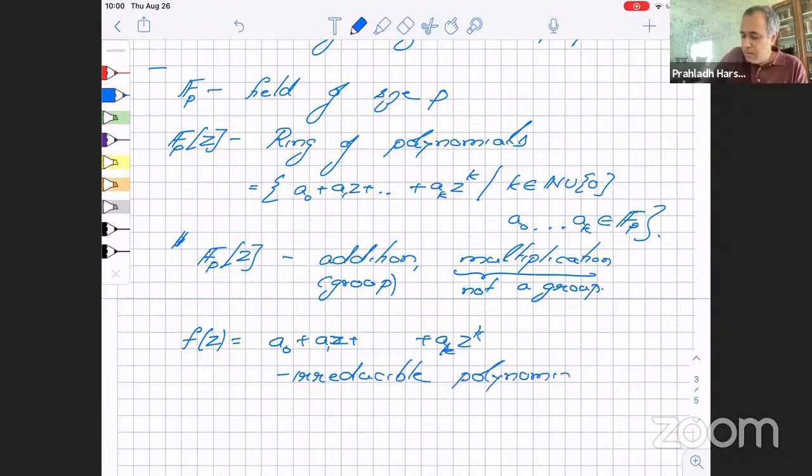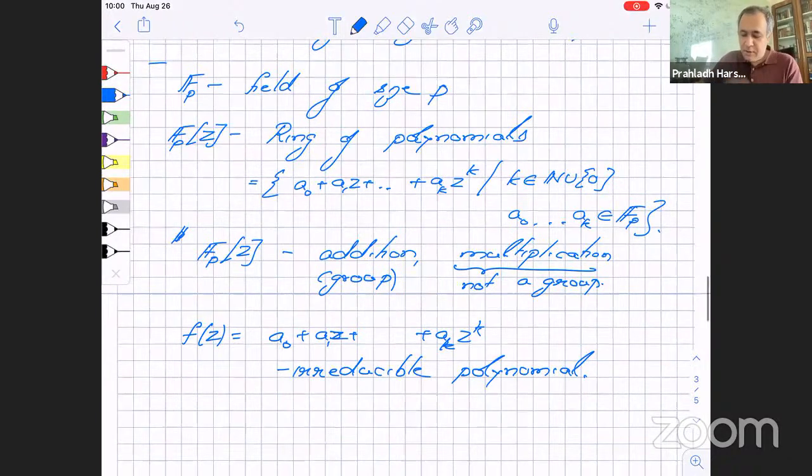Given two polynomials, you can multiply them to get another polynomial, and you can also ask the reverse question: can you break a polynomial up into factors? An irreducible polynomial is just like a prime in the case of integers. It is a polynomial which you can't break up. Its only factors are 1 and itself. It cannot be broken up into parts. That's what I mean by an irreducible polynomial.